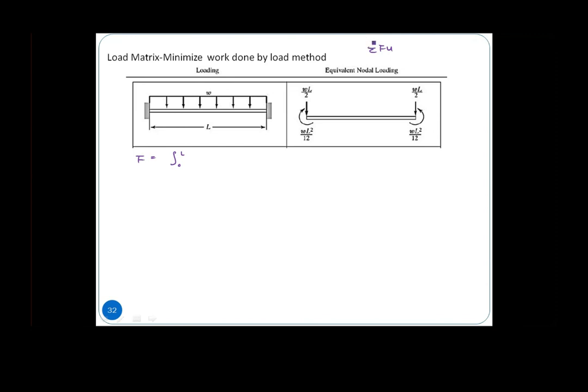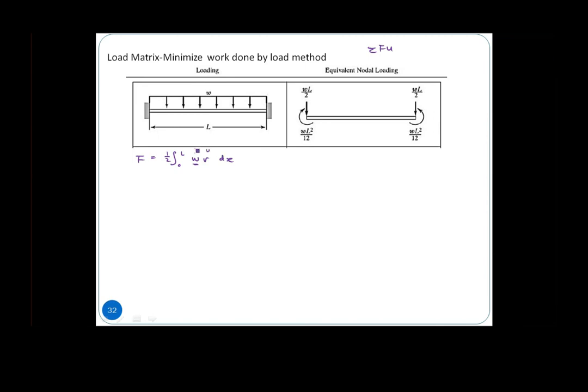Summation Fu. So in this case, we have W, with 1 over 2 here, because we have to divide by 2. Then we have U, W, V dx. So this W is our F, and V is our U in this case, right?